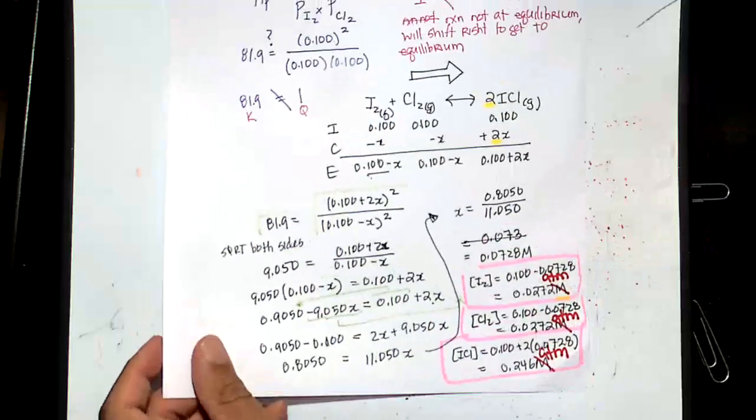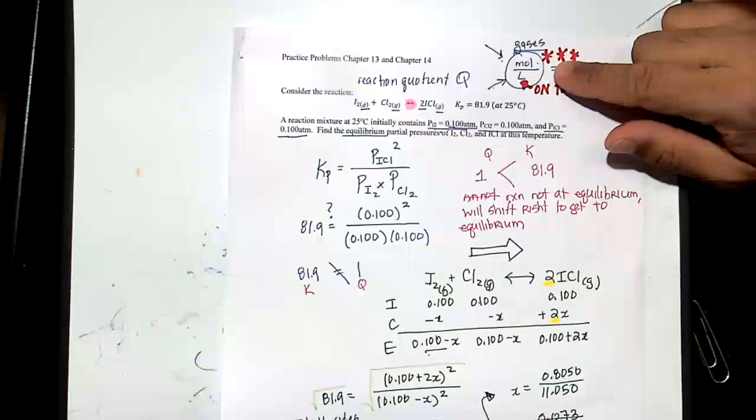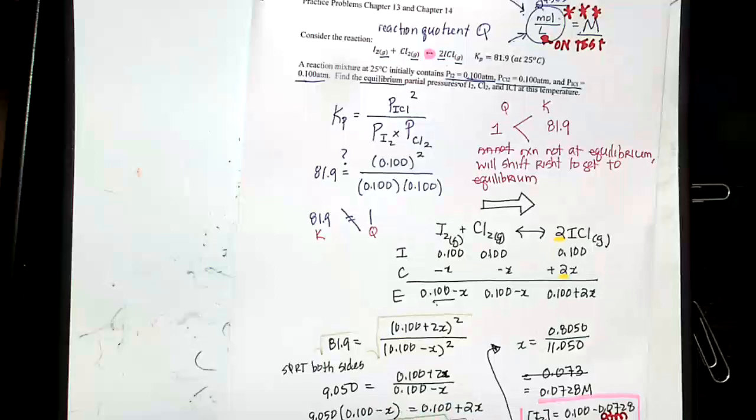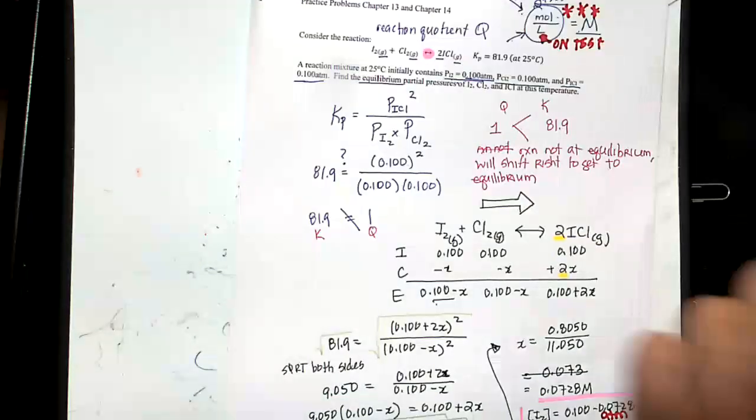Because they're in atm, the final answer will be in atm. On the exam, your final answer will be molar, but don't forget to take the moles and divide by liters. Gases can be in moles over liters, molar, or in atmospheres like we have here.